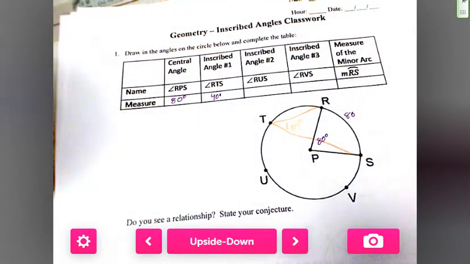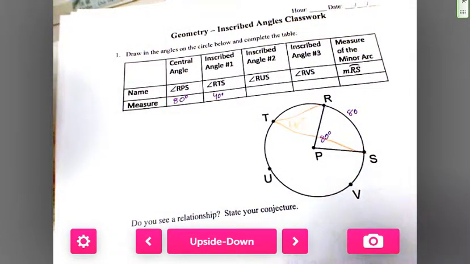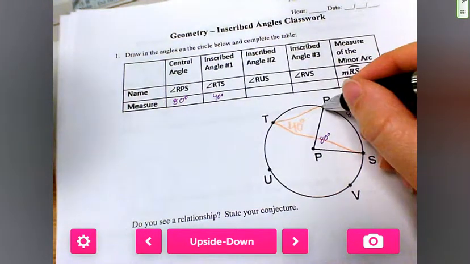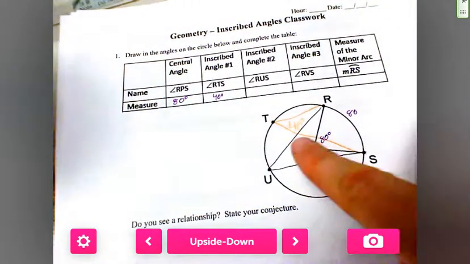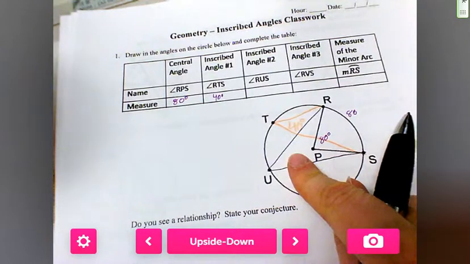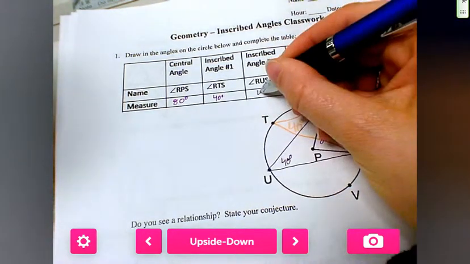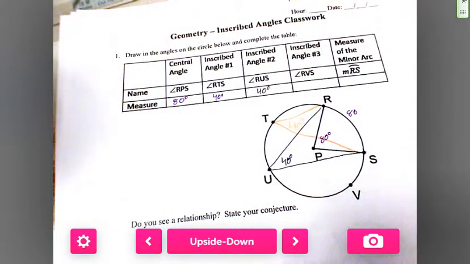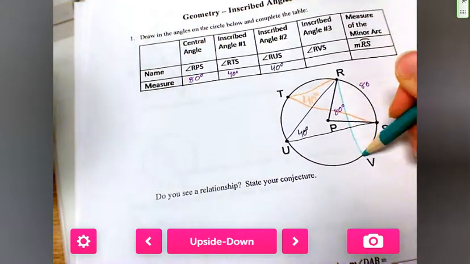Okay, now let me do it with a different color. RUS. What's the angle of RUS? 40. Okay. So, what is the angle of RVS?